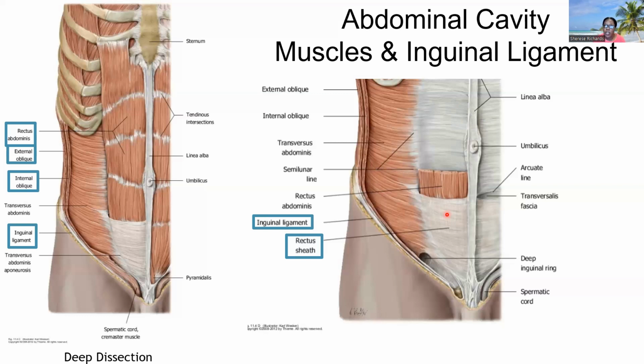So if someone is forceful, let's say they're lifting heavy weights or they are constipated, that kind of pressure can help the intestines to bulge through various parts of the abdominal wall, which is how we have different types of hernias. So these muscles and these sheaths and these ligaments help to prevent those hernias from taking place.